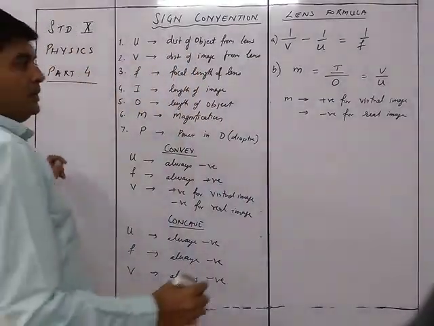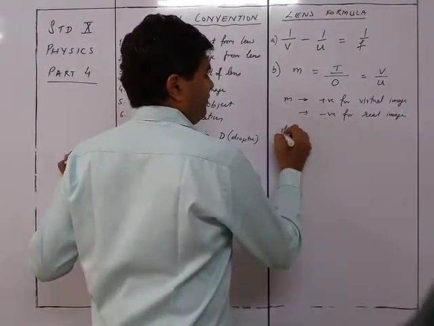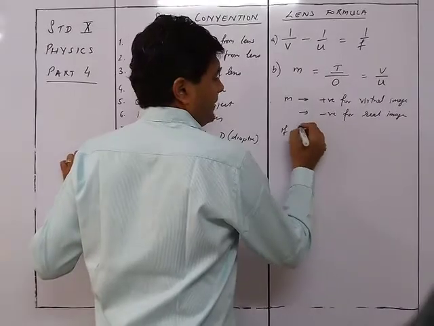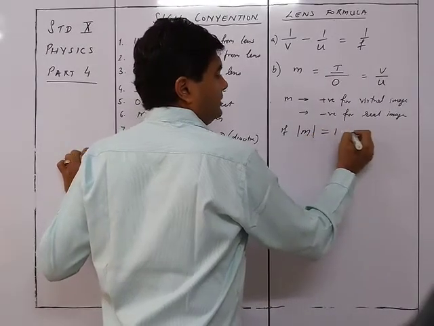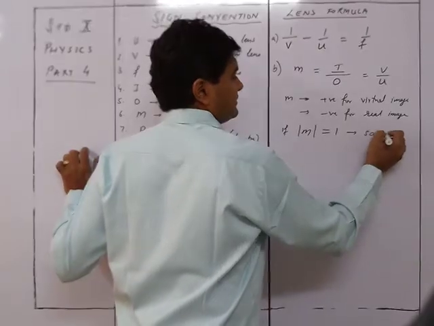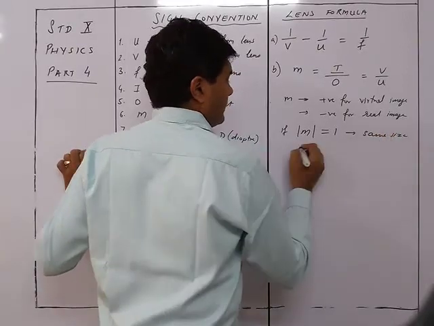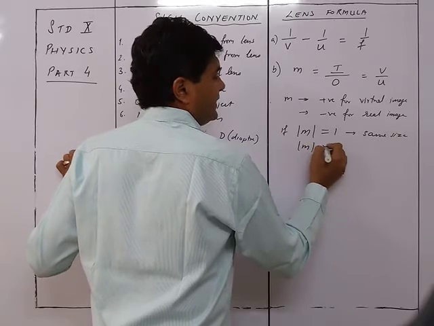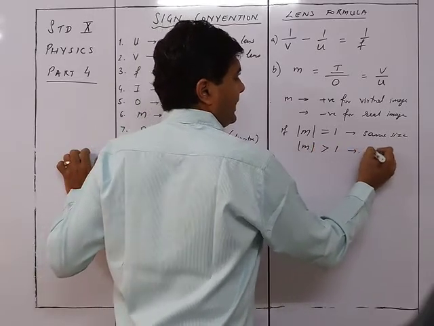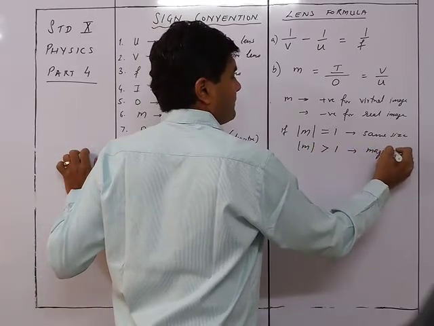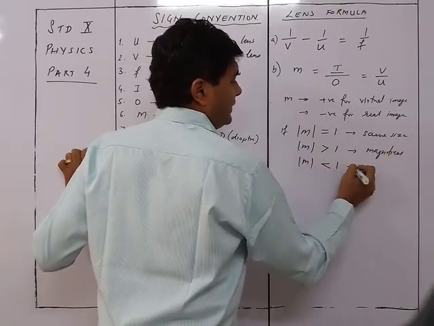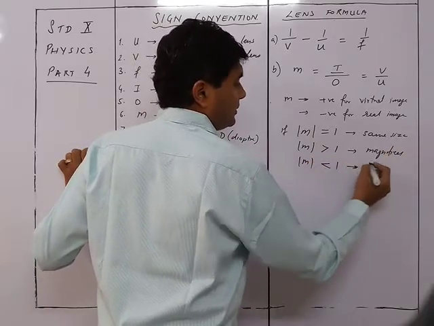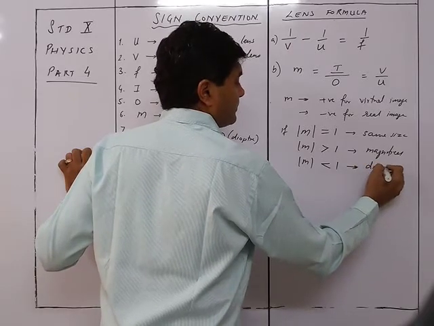Secondly, if the absolute value of M is equal to 1, same size. If M is greater than 1, magnified. If M is less than 1, it is diminished.